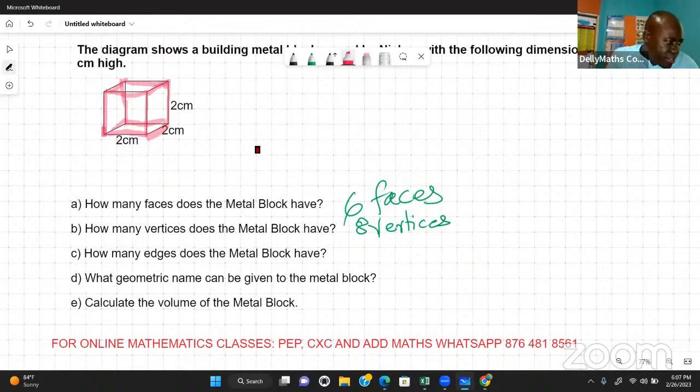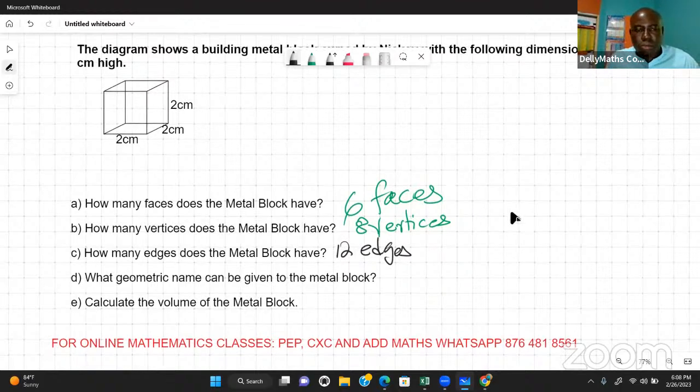So you realize that we're seeing 12 edges right there. And if you intend to draw this shape, the lines that you actually draw, those are the edges, right? So we found that we have 12 edges.